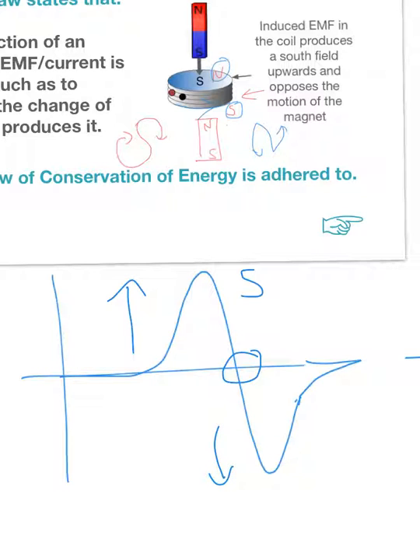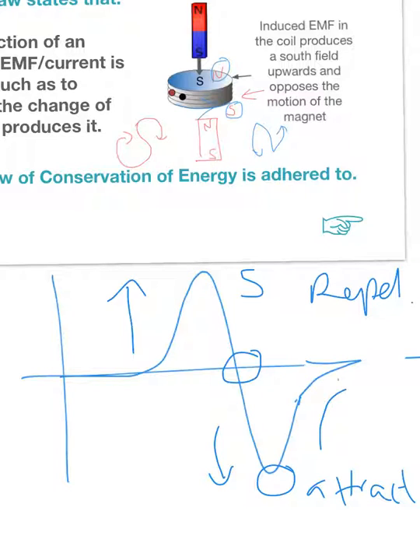So the current now starts to flow in the opposite direction, this time to attract the magnet. Here it's to repel it. Okay, until it gets to this peak point where the maximum number of lines are being cut, and then it would go down again to the zero, okay, as it moves further and further away.